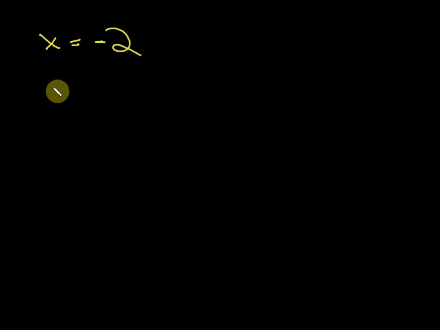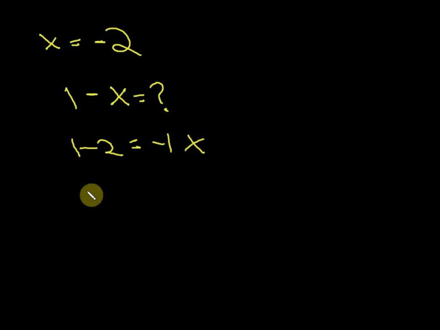And let's just say I have 1 minus x is equal to what? Now, what do you do in this situation, right? Because a lot of people I know would be like, oh, well, this is 1 minus 2 is equal to minus 1, which that's not right, because you want to think of it like this.